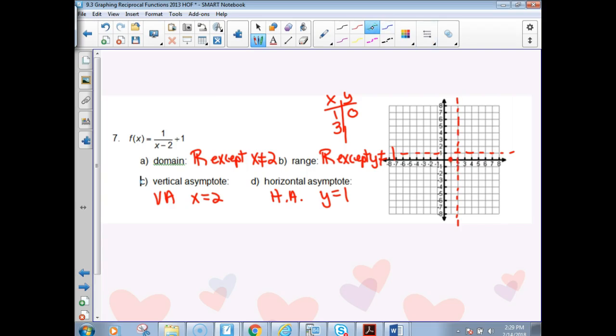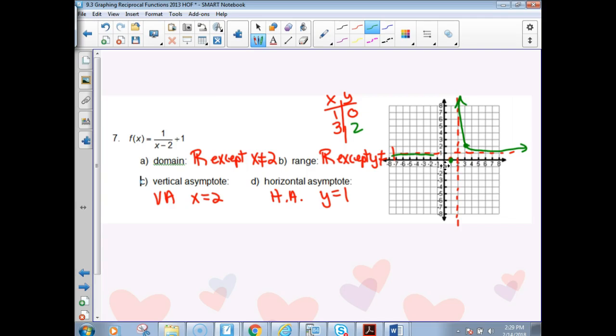I'll do that in a different color. If I put in 3, I will have 1 in the denominator. 1 over 1 would be 1 plus 1 is 2. So (3, 2). If you're noticing the symmetry, you can find your other point pretty fast. Make sure that you are showing.